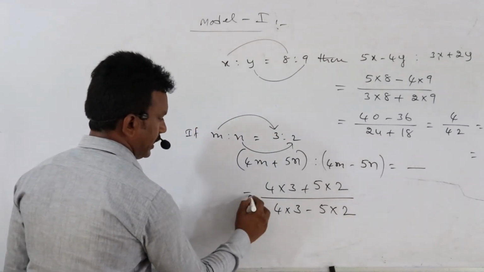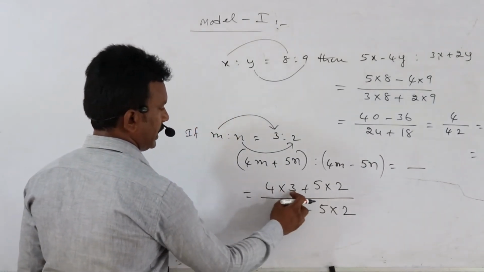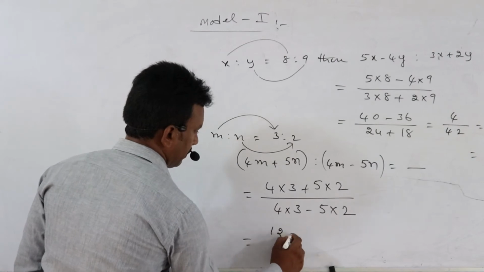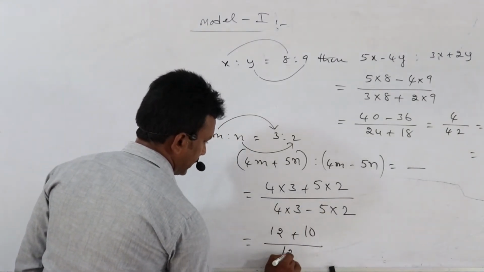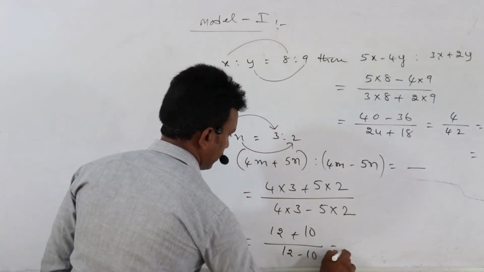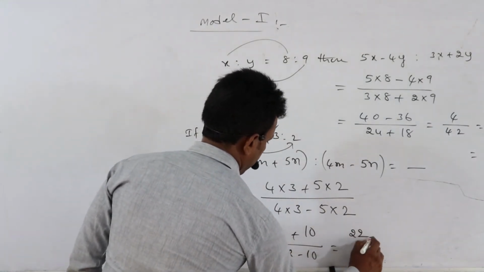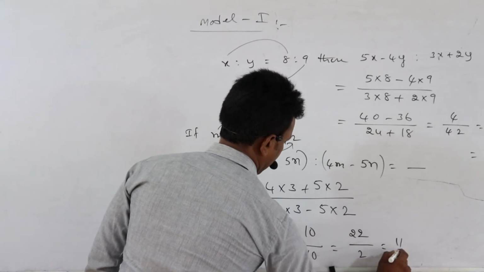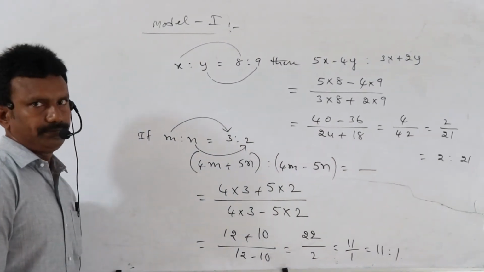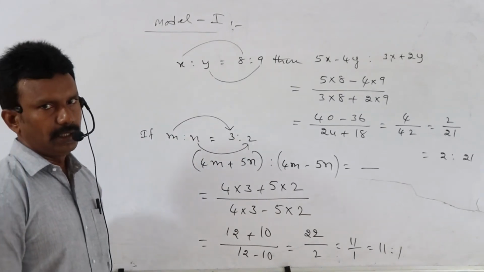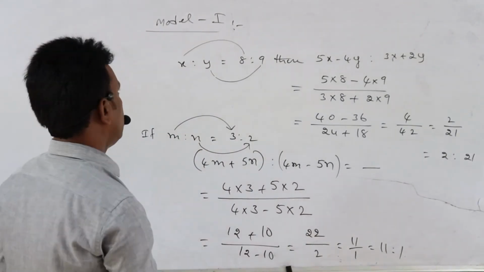Simplifying: 4 threes 12 plus 5 twos 10, by 12 minus 10, that equals 22 by 2, that equals 11 by 1. The ratio 11:1 is the answer. So this is model 1.